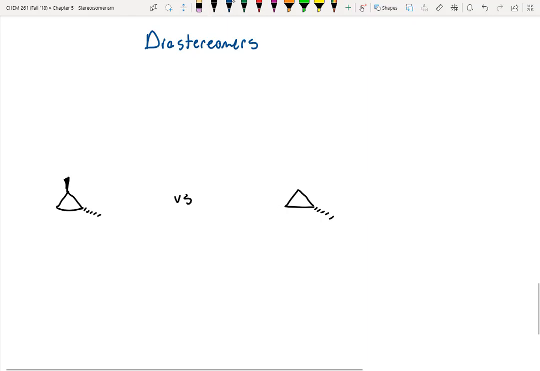Sorry, that's not the greatest wedge I've ever drawn. So let's look at these. All right, they do have stereocenters. So let's assign that stereocenter. That can be R or S. It'd be R. All right, what about this stereocenter?